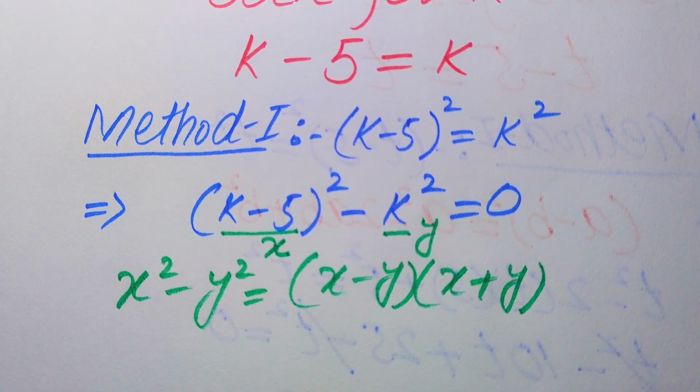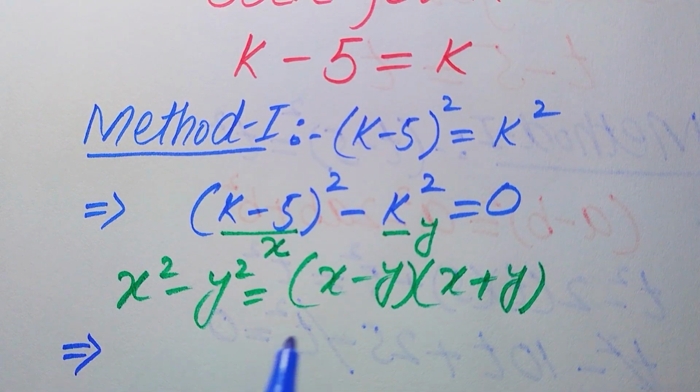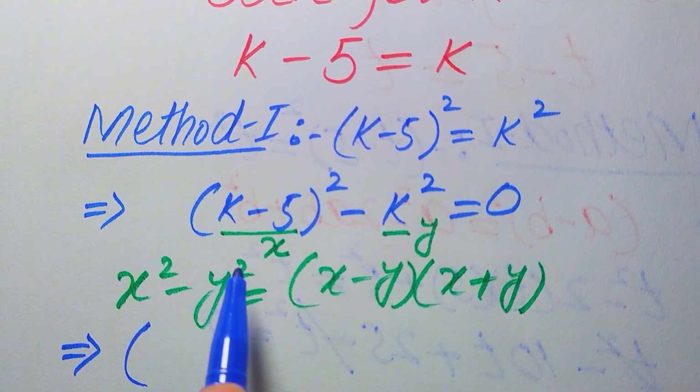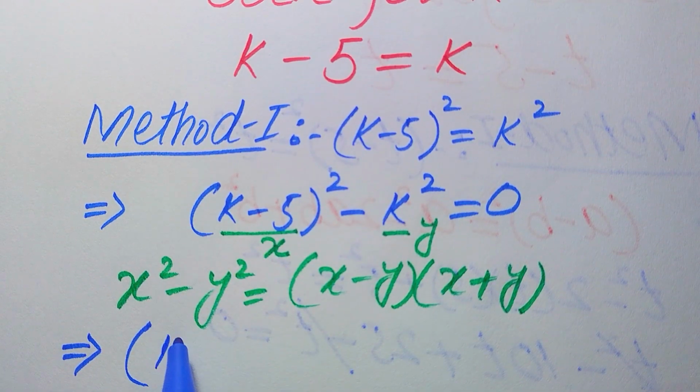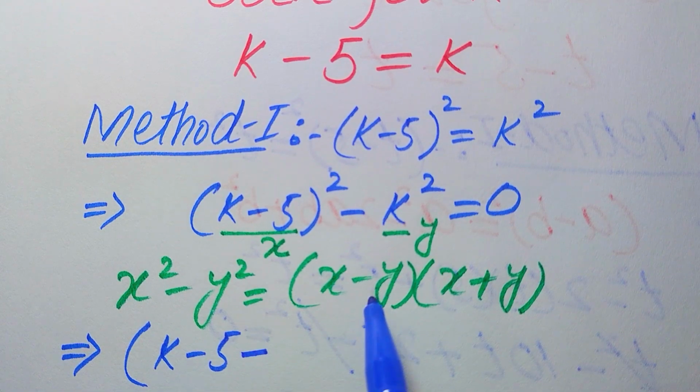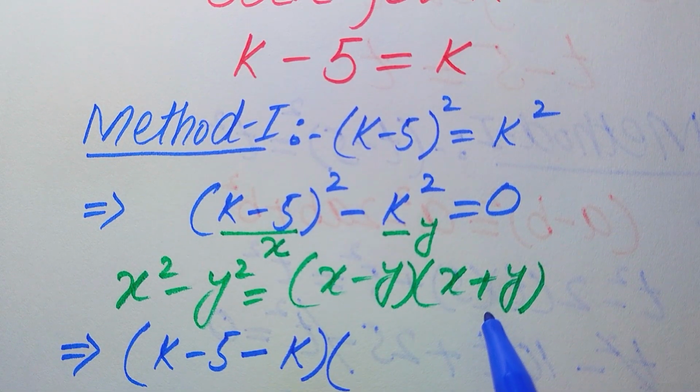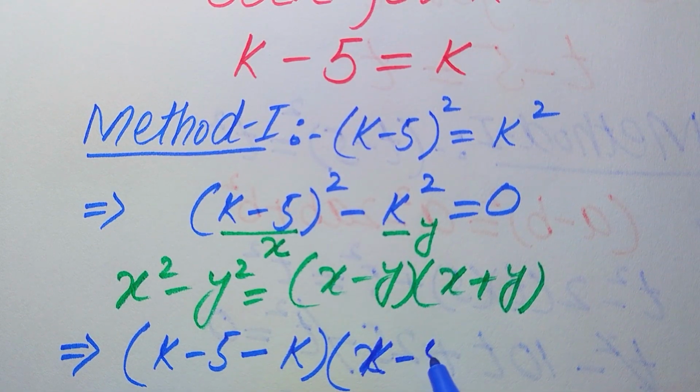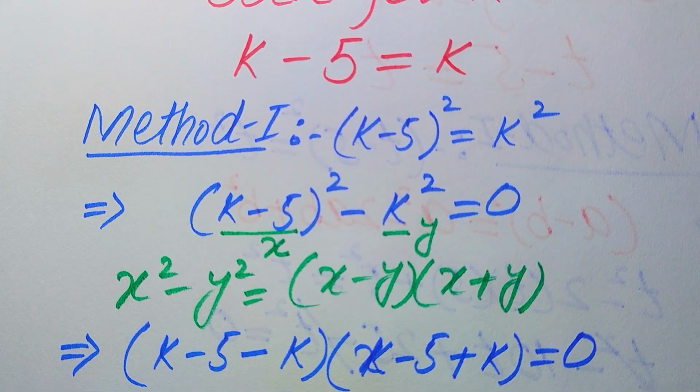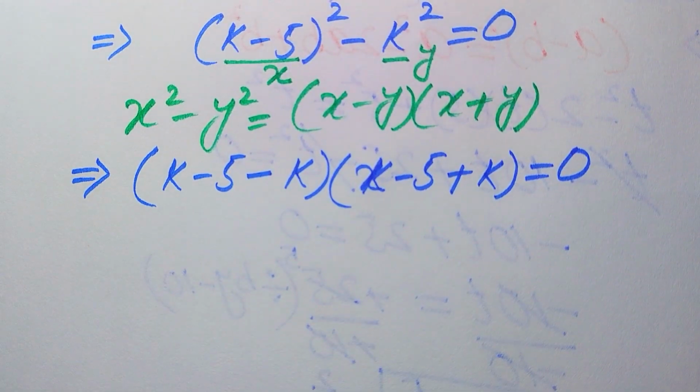So we just substitute the values of x and y into the right hand side of this equation. The value of x is k minus 5, and this is minus y, where the value of y is k, into this is x plus y, where x is k minus 5 plus y is k, and this whole equation is equal to 0.